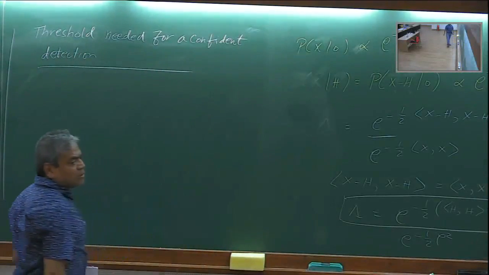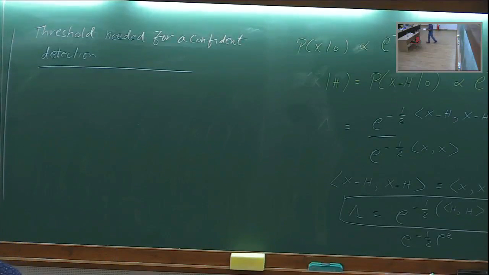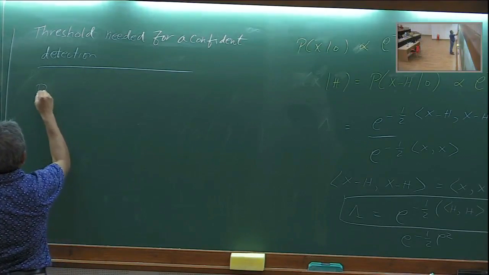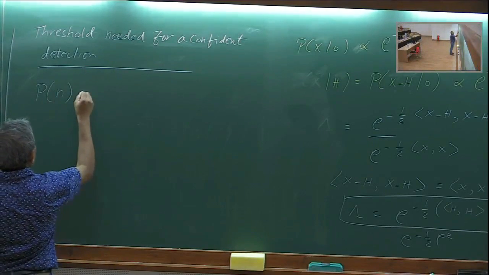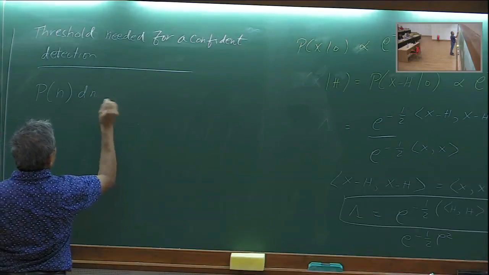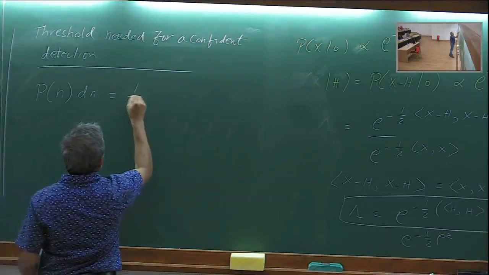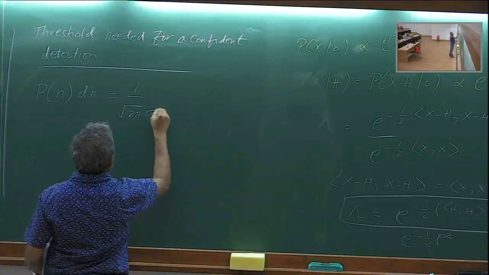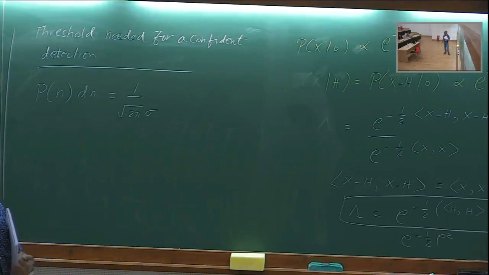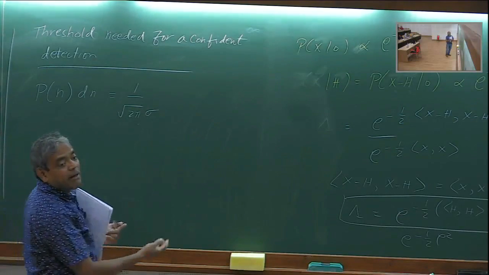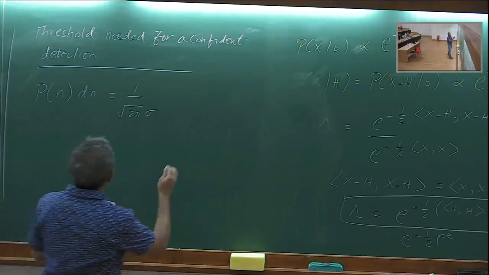So the threshold needed for confident detection, let's try and make a simple computation. Our noise P of n dn is, let's say, Gaussian. It's in reality not, but this calculation shows you what kind of signal to noise ratios are required, even in Gaussian noise, to make a firm detection.